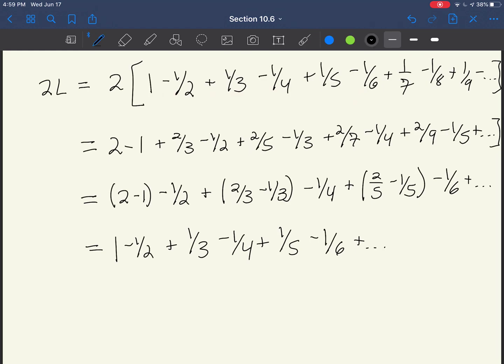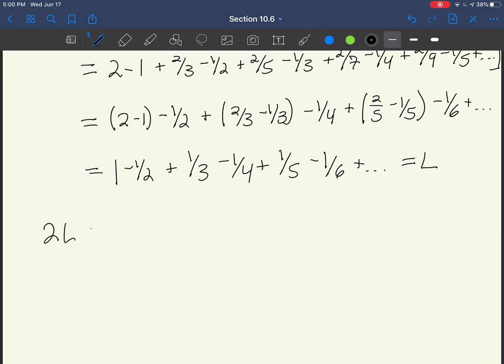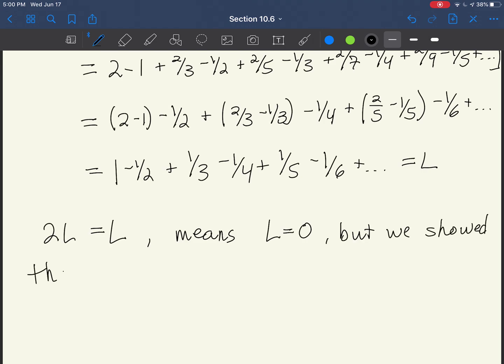And this is exactly L. This is what we wrote up top in the brackets. So when we rearranged it, we got that it equals L again. So we have 2L equals L. The only way this is true is if L equals 0. But we already showed that L cannot equal 0.